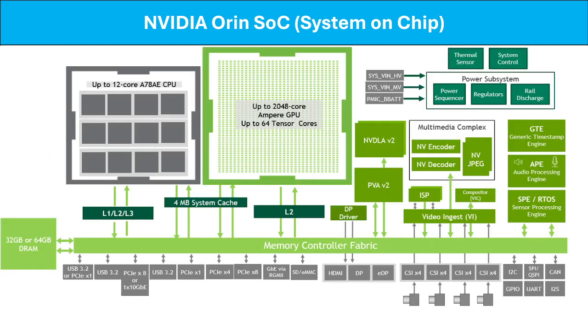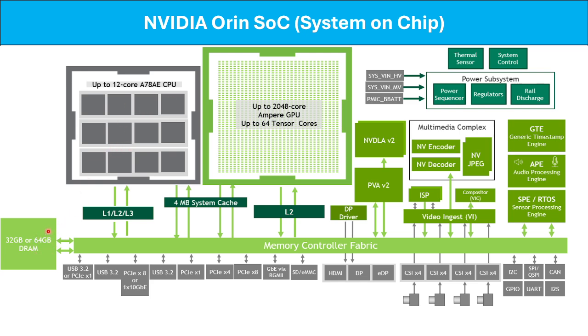And this is maybe the last slide. Here is the Orin system on chip. This is from the AGX, but we can see here the blocks that we mentioned much more clearly. 12 cores of A78AE CPUs divided in 3 clusters with 4.